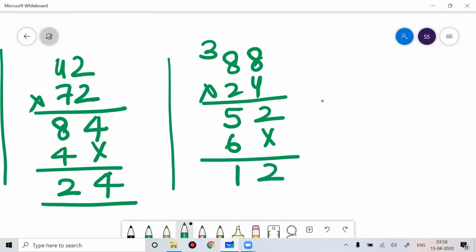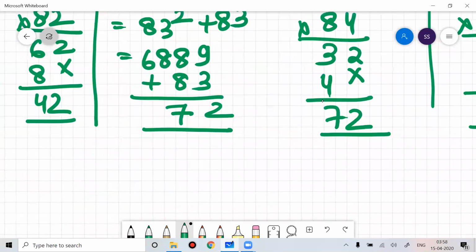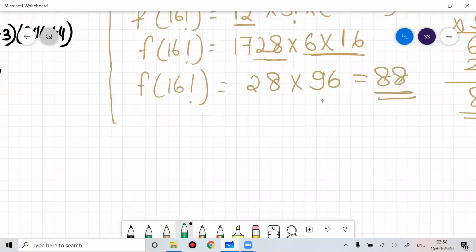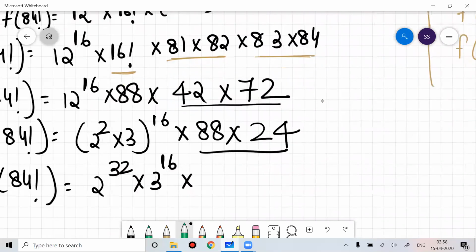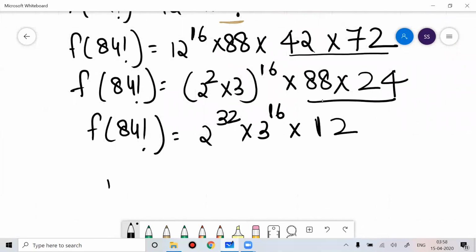This is 2, this is 1. You'll get 12 when you multiply 24 into 88. So you'll get the value as 12.